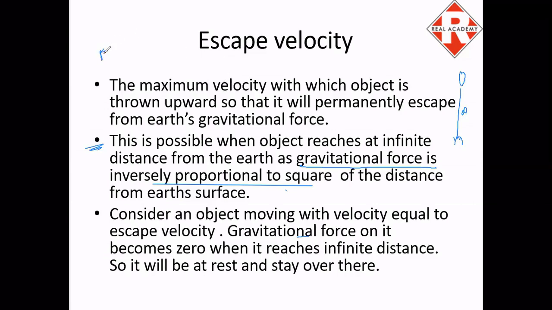We know that F is inversely proportional to d square, जितना d बढ़ेगा उतना F कम होगा. तो अगर d infinite position पे है, तो F तो approximately zero ही हो जाएगा, right? So it will be at rest and stay over there. तो अगर कोई gravitational force ही नहीं apply होगा उस particular object पे, तो वो कभी डाउनवर्ड्स फॉल ही नहीं होगा, वो कभी अट्रैक्ट ही नहीं होगा टुवर्ड्स अर्थ, and as a result that object will be at rest and will stay at that particular position forever. Is this thing clear?